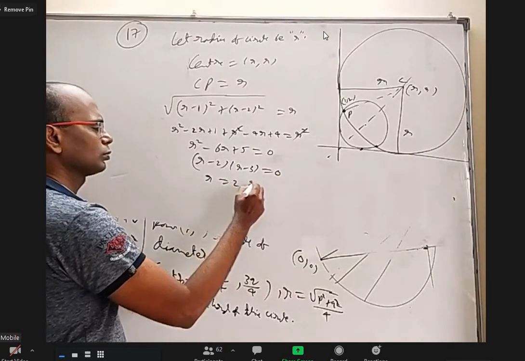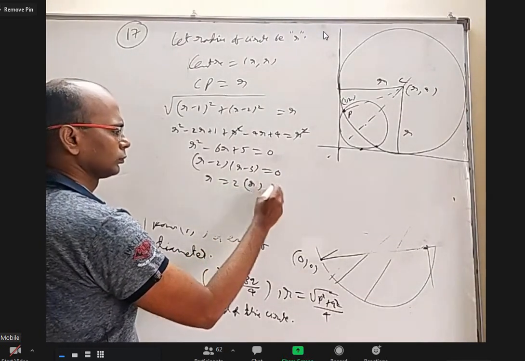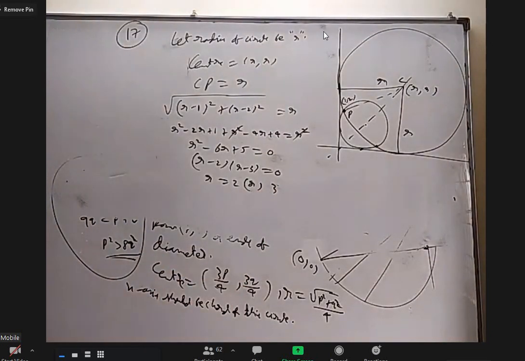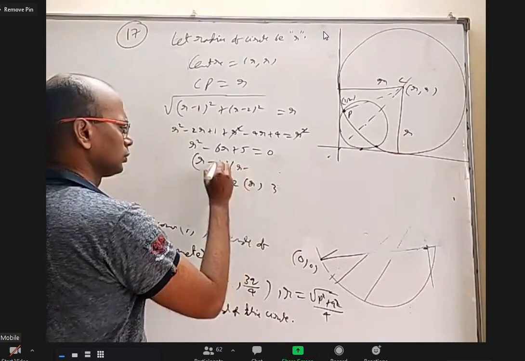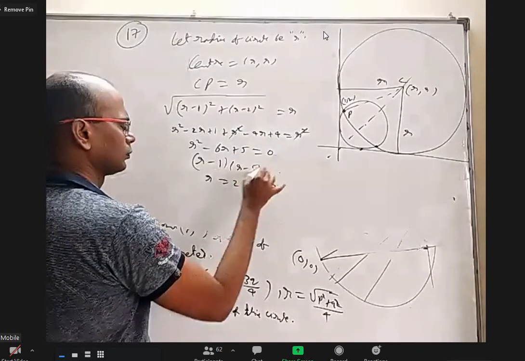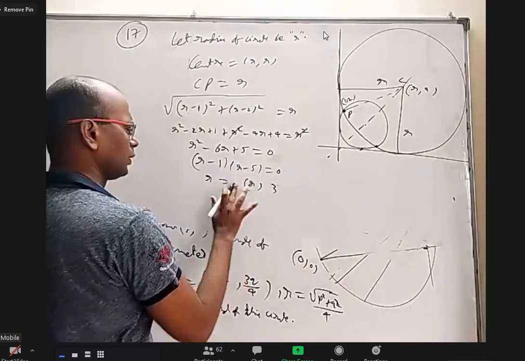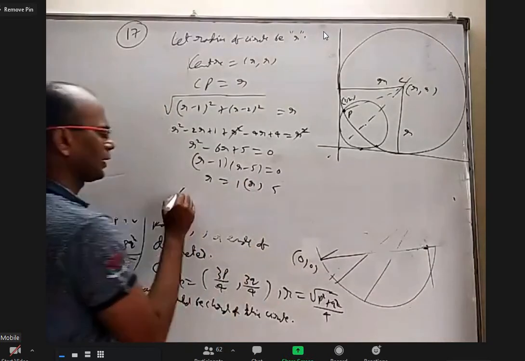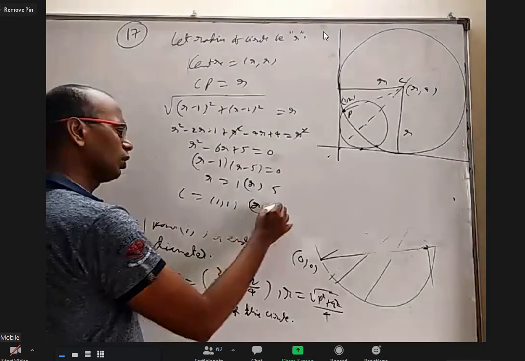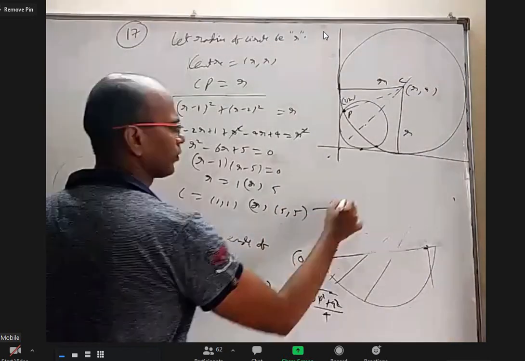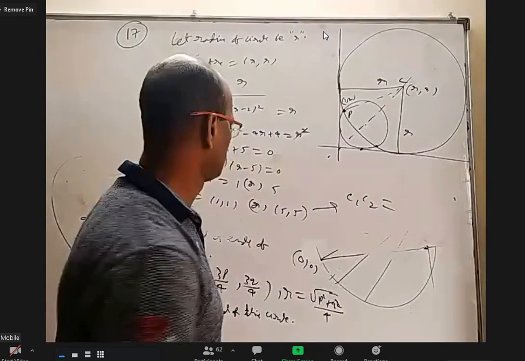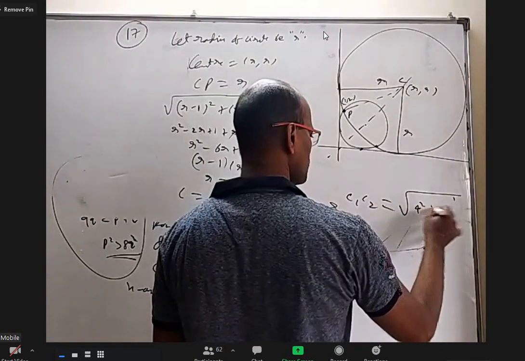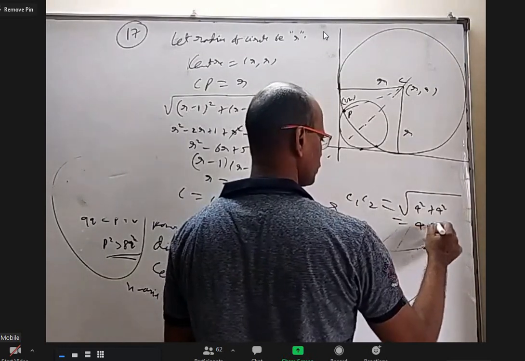So R equals 1 or 5. Then the centers will be 1 comma 1 or 5 comma 5. If you want to find the distance between the two centers, it is root over 4 square plus 4 square, which is 4 root 2.